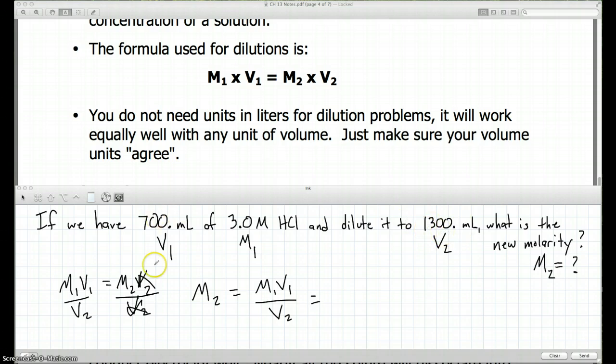I think it can help a lot, when you're doing this on paper, to write the symbols, the variables, right by the number. So M1, I know that's 700. Oops, that's not 700, sorry.